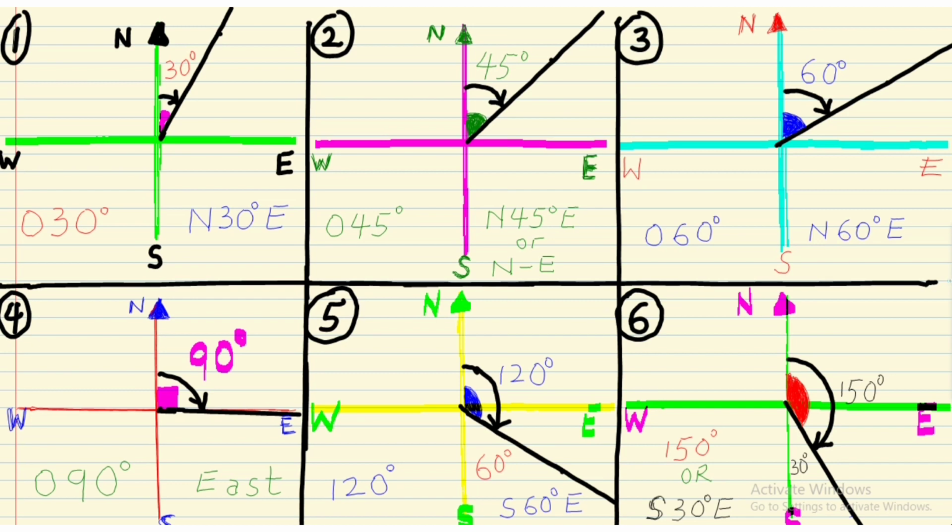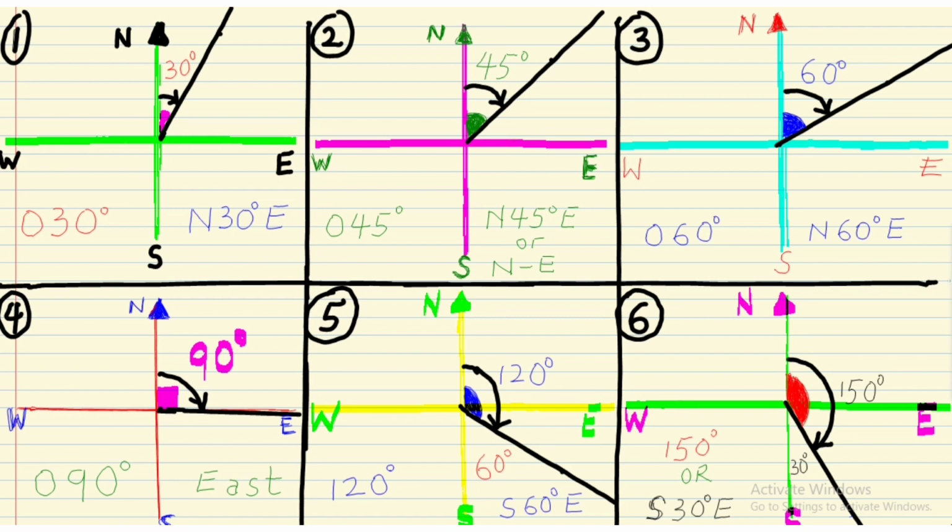Fast forward to number 6 here. The line has moved to the second place down there. We've got 150 degrees. If it has moved directly east, that's 90 degrees. We must take note of that. If it moves from north to east, that's 90 degrees, but it has gone beyond that. That's now specifically 150 degrees.